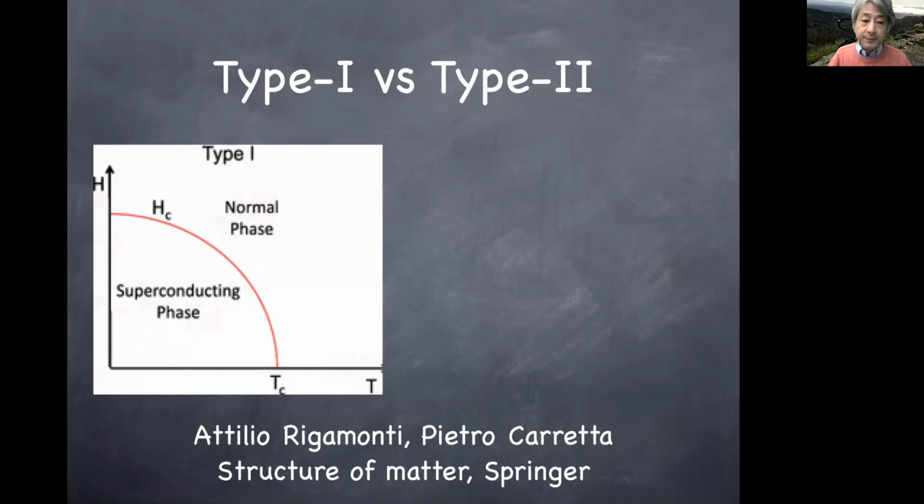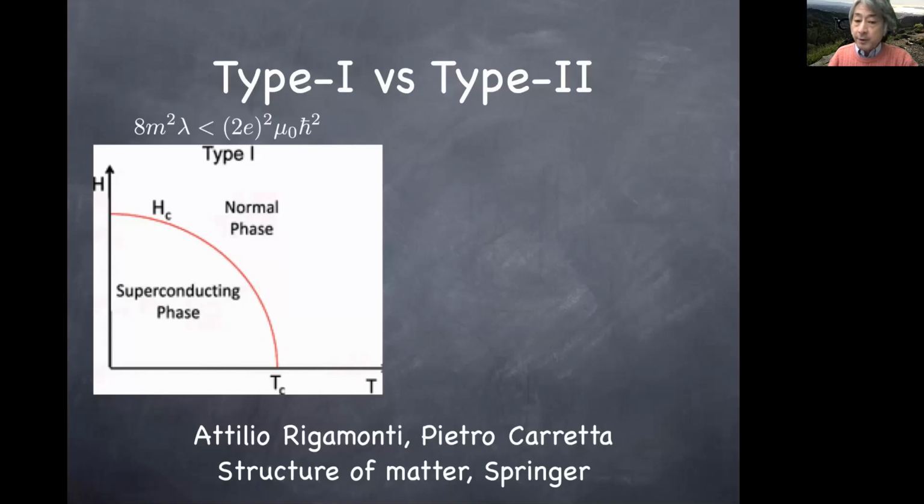So you go from the phase of superconductor, and if you apply magnetic field, there's a phase transition where the superconductivity is broken and goes back to the normal material. So that is called type 1 superconductor. And this is the kind that had been discovered first by Onnes in Netherlands a long time ago.